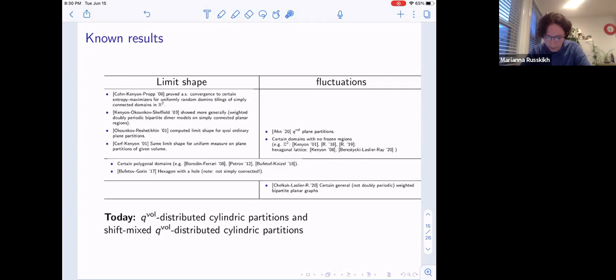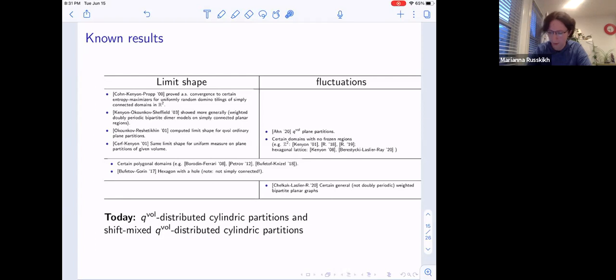Then Okounkov and Russkikh showed the limit shape result for the q to the volume ordinary plane partitions, and the convergence of the fluctuations to the Gaussian free field in this case was shown by Andrew An.